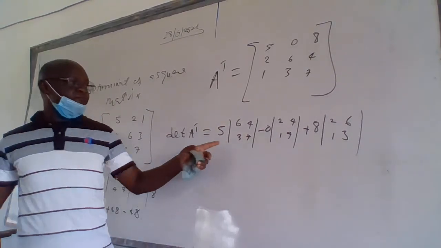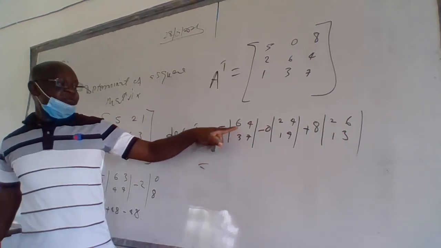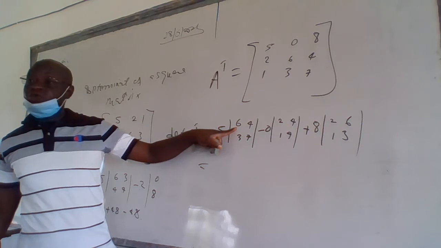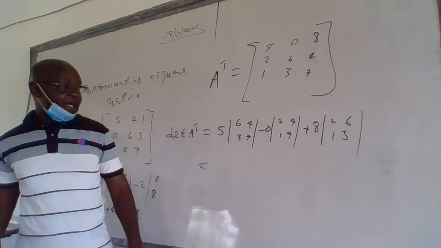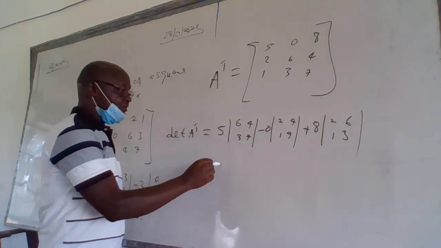So we have 7 times 6, that is 42. 42 minus 12, 30, times 5, 150.